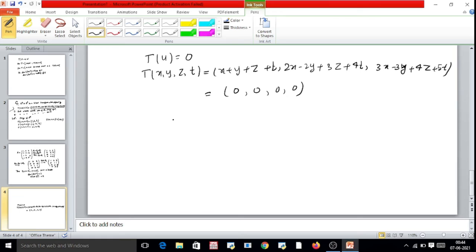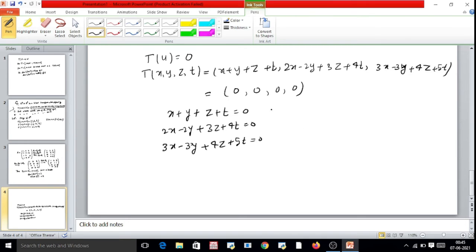So from here we obtain a matrix. We obtain this system: x - y + z + t is equal to 0, and then 2x - 2y + 3z + 4t is equal to 0, and then 3x - 3y + 4z + 5t is equal to 0.